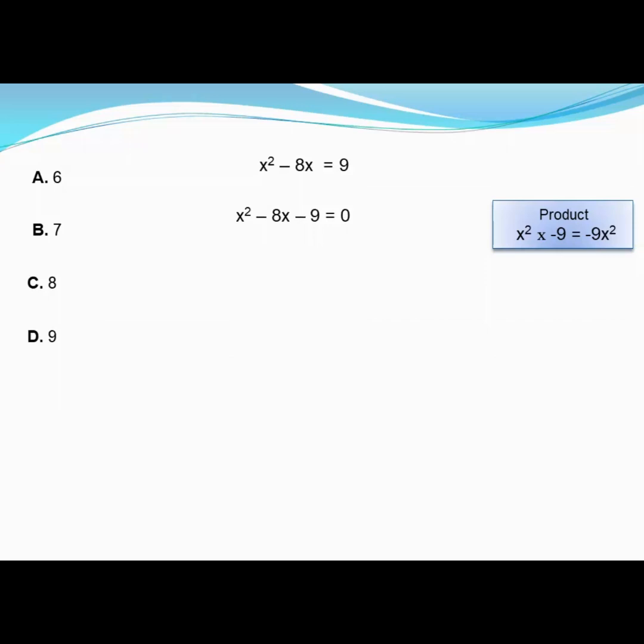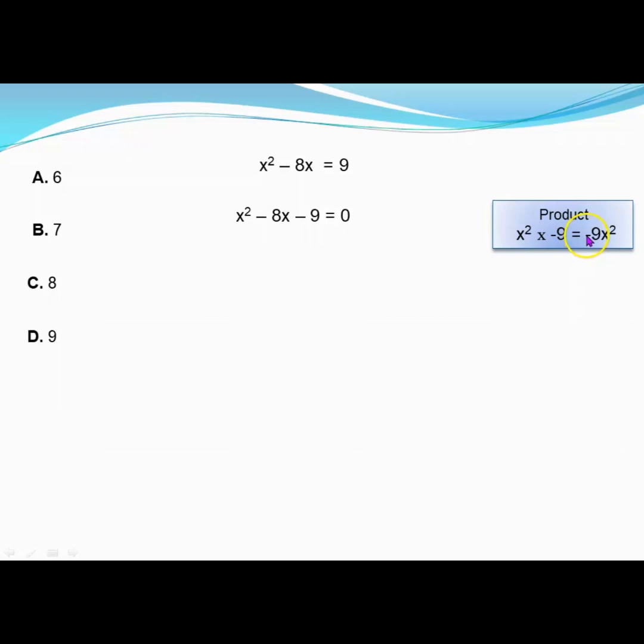Now, the second thing that needs to come to your mind is that we have minus 8x as the middle term here. We look for two numbers that when we multiply, they will give you minus 9x squared, and when we add the two numbers together, they will give you minus 8x, right?